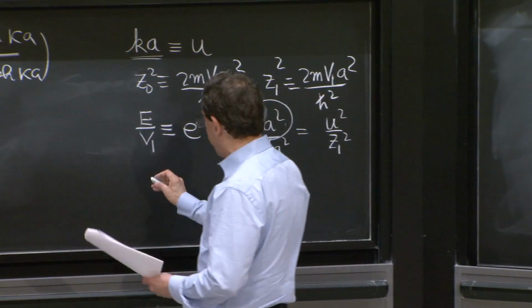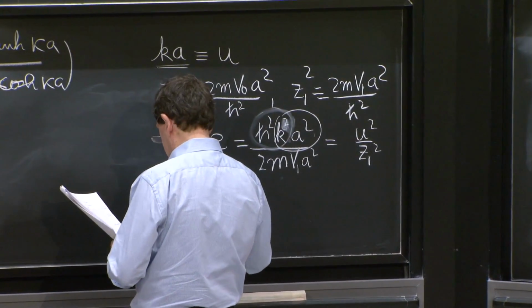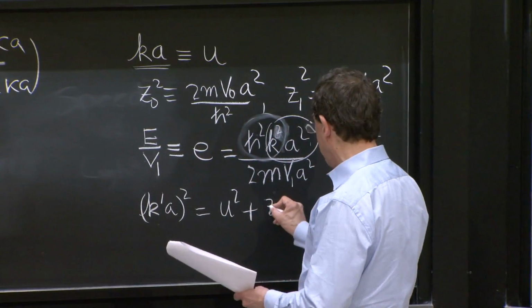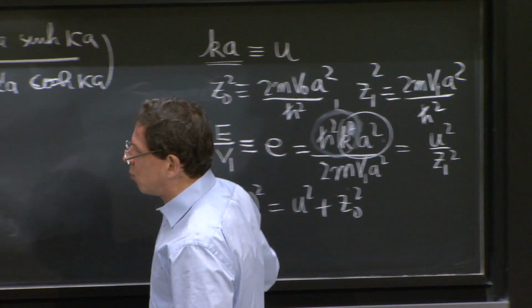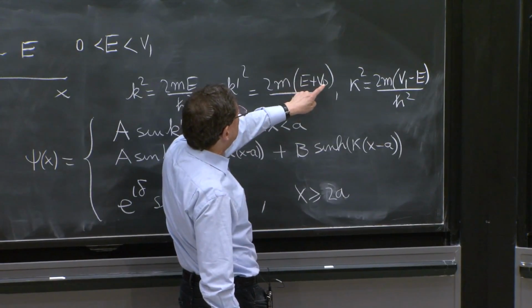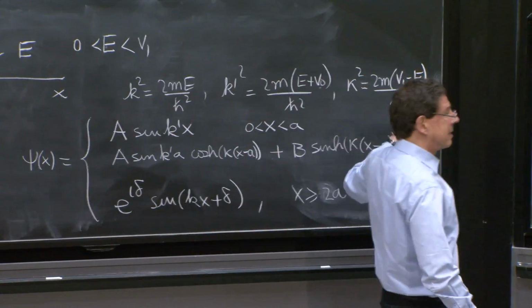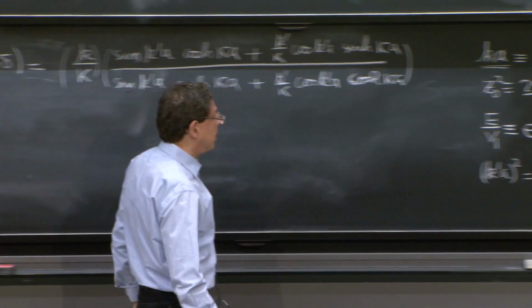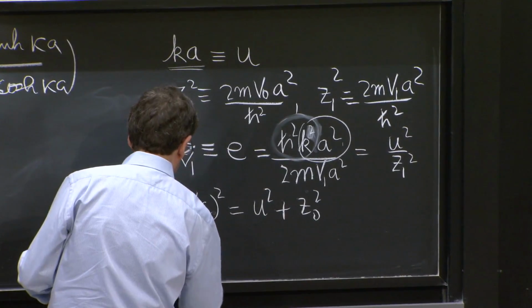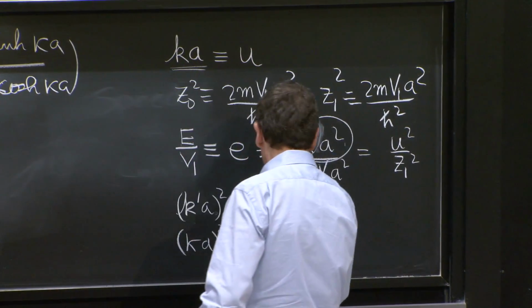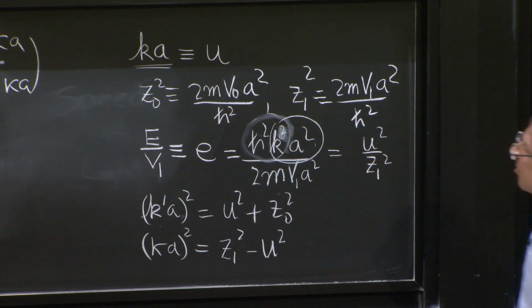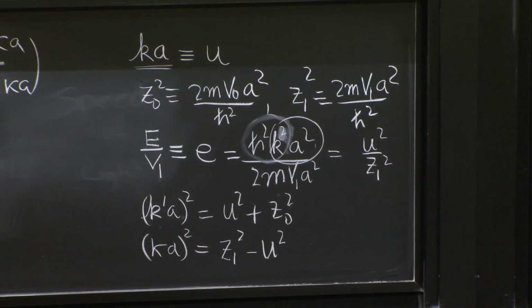A couple of extra things. I'm just putting it here because if you ever have the curiosity of doing these plots, this may help. k prime squared is related to the energy, therefore u squared, and V0, z0 squared. And for the other one, kappa a squared is equal to z1 squared minus u squared.